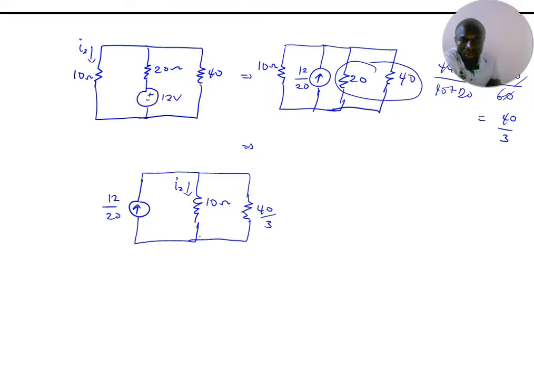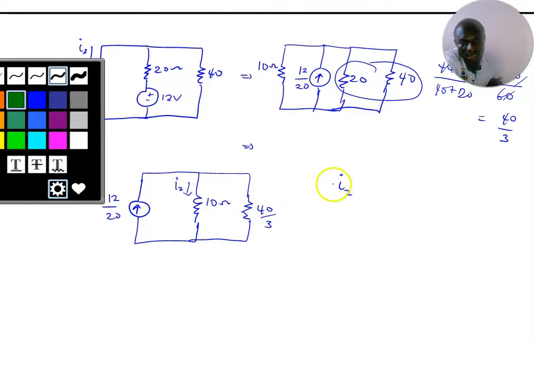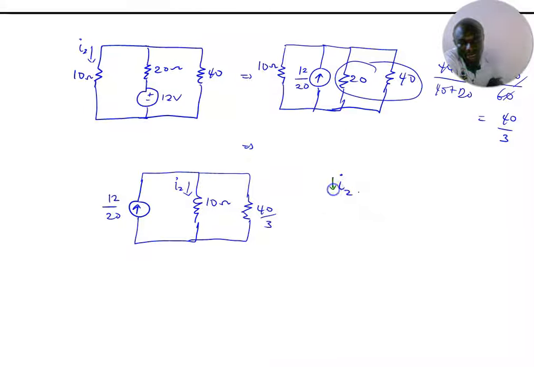Are you okay? So in that case, if I want to find the I2, which is moving downwards, then the I2 is going to be the opposite resistance, which is 40 on 3, all divided by the total resistance, that is 10 plus 40 on 3, times the total current, which is 12 on 20.